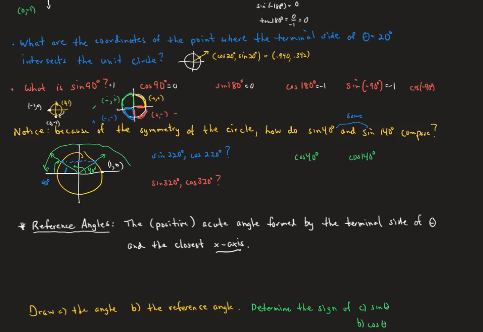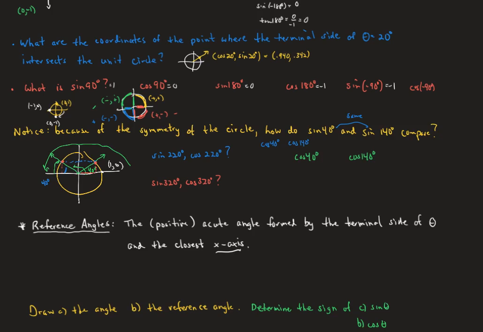How about the sine of 220? Or let's do this. Let's compare the cosine of 40 degrees with the cosine of 140 degrees. So here again, the cosine is the x-coordinate of that point, which is right there, and the cosine of 140 would be the x-coordinate of there.